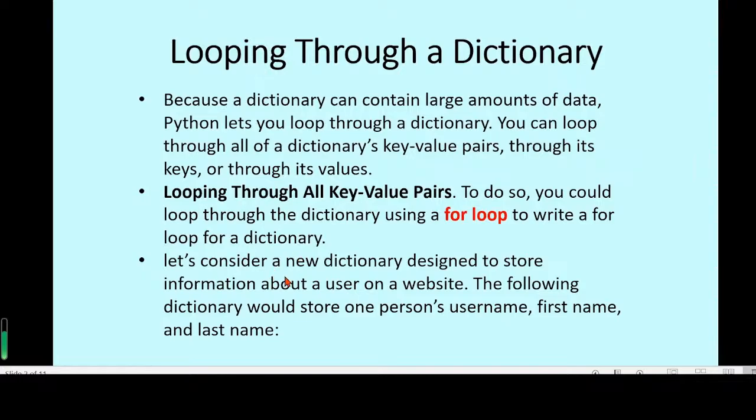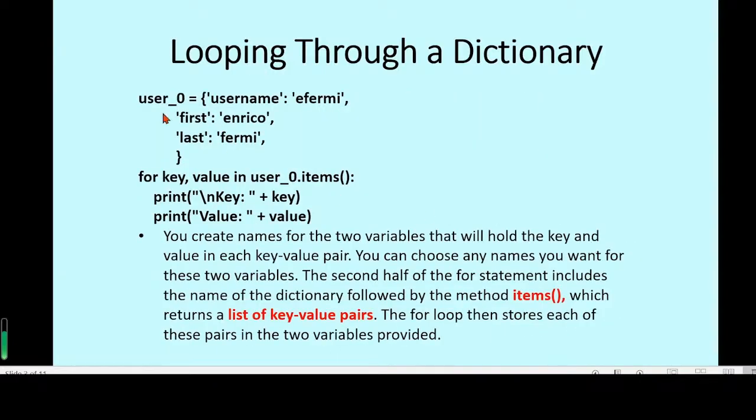So let's consider a new dictionary designed to store information about a user on a website. The following dictionary will store one person's username, first name, and last name. So this is a dictionary called user, and it will store username Fermi, first name Enrico, and last name Fermi.